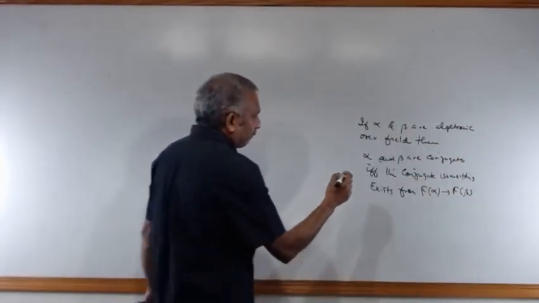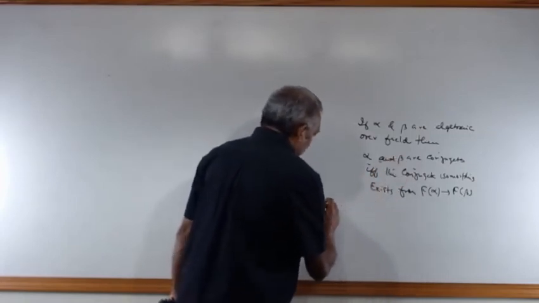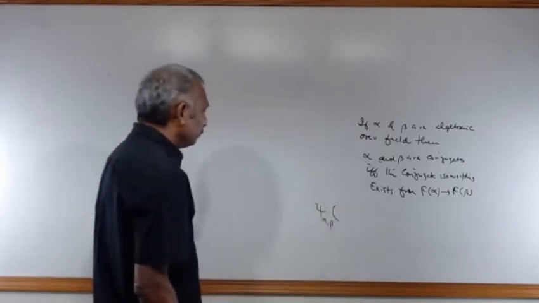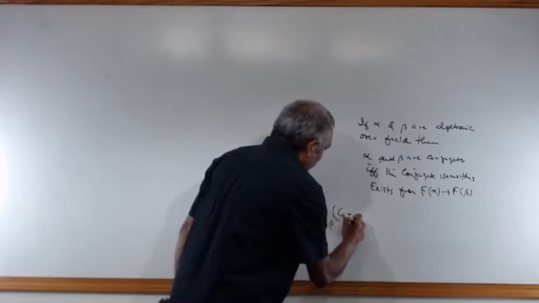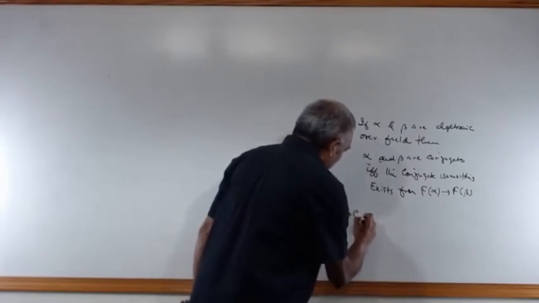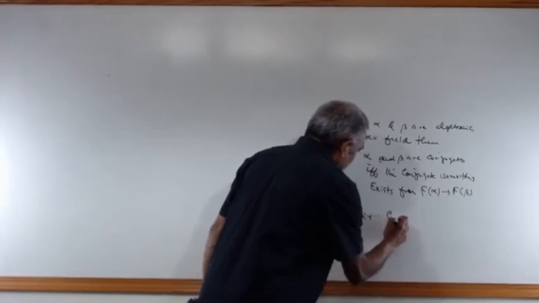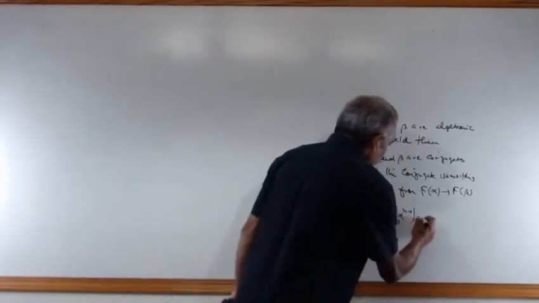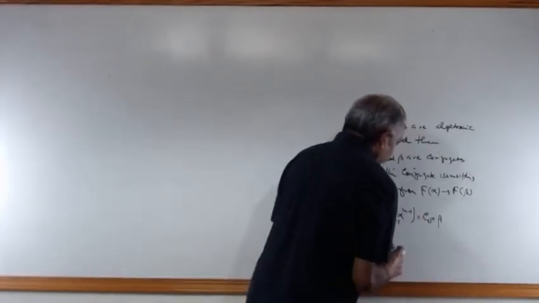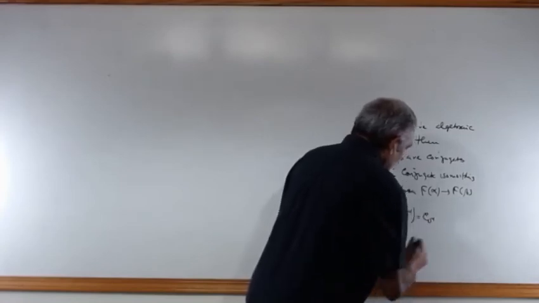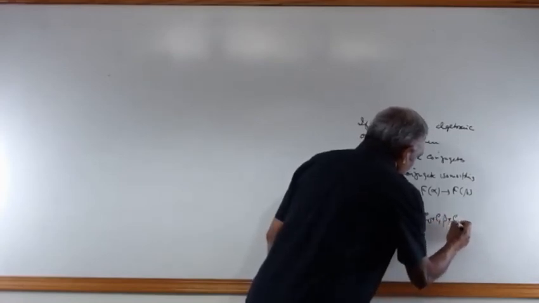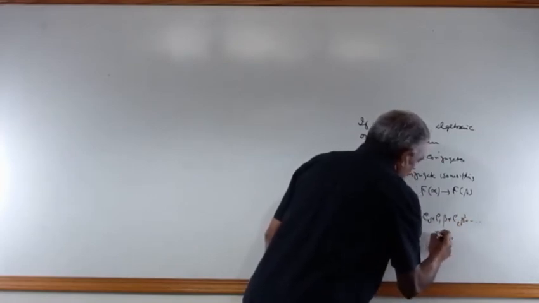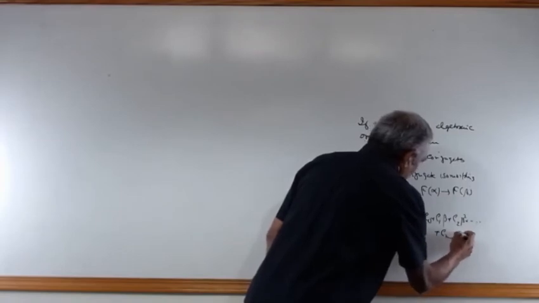And the definition of the conjugate isomorphism goes like this: psi of alpha comma beta of C0 plus C1 alpha plus ... Cn minus 1 alpha to the power of n minus 1 is equal to C0 plus C1 beta plus C2 beta squared plus ... plus Cn minus 1 beta to the power of n minus 1.